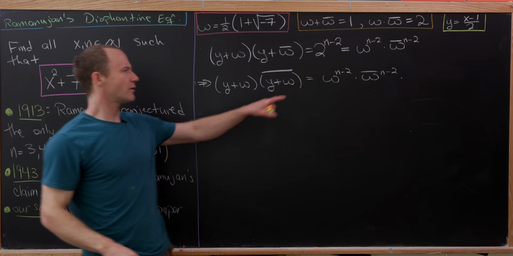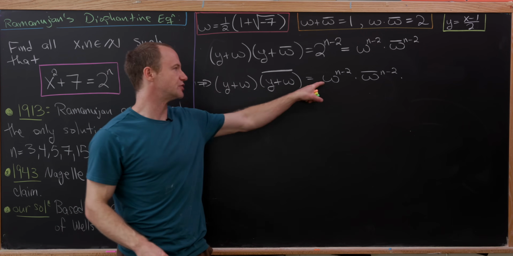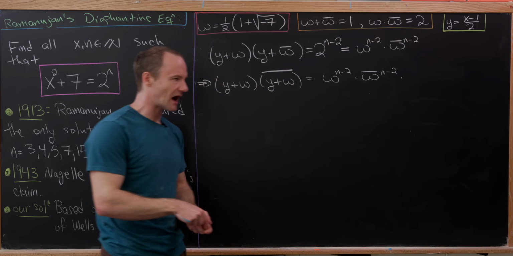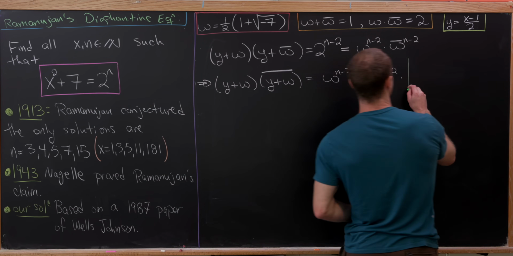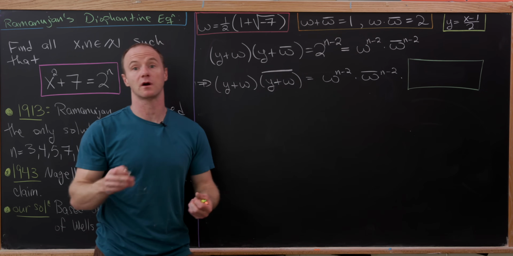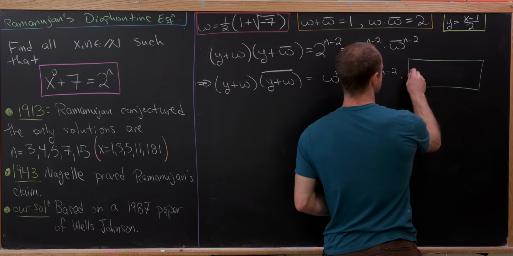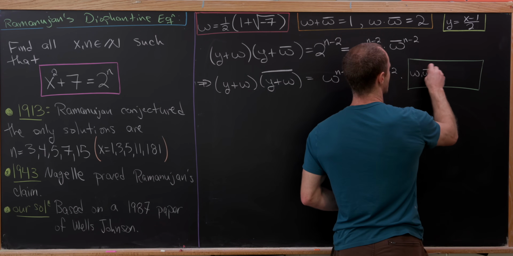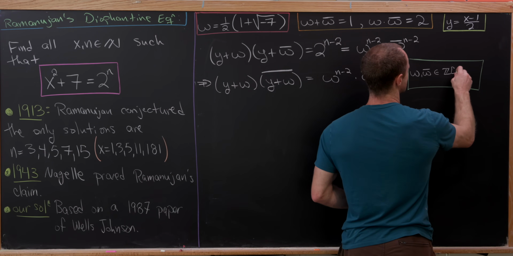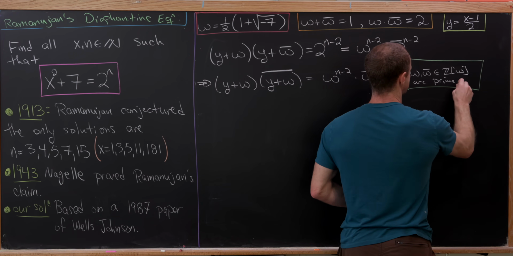But note here what we've done is we factored 2 to the n minus 2 into irreducibles. So I won't check this, but omega and omega bar are so-called irreducibles or primes within this Z adjoin omega. So let's write that down. So omega and omega bar inside of Z adjoin omega are prime.